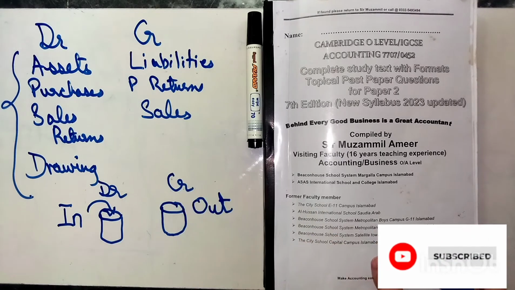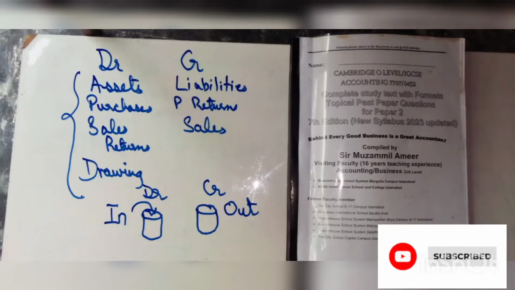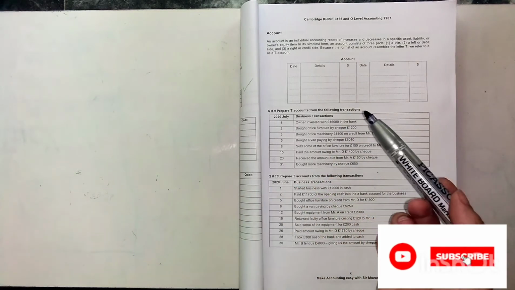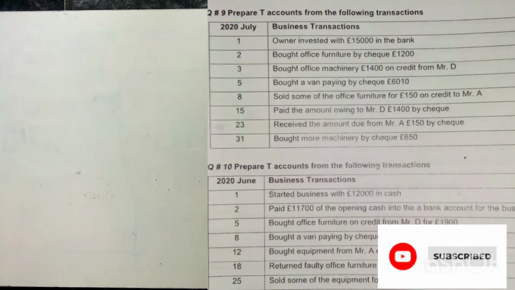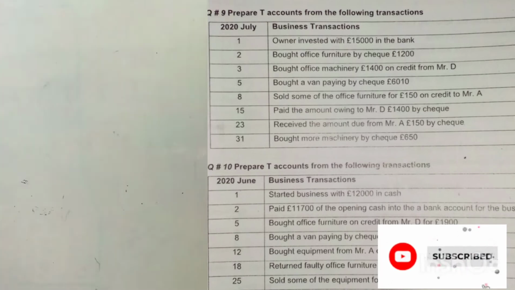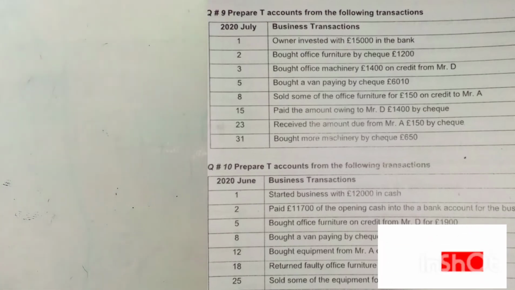Now let's move on towards the first question. Today we will discuss question number 9. The first entry, let's read that entry. Owner invested $15,000 in the bank.